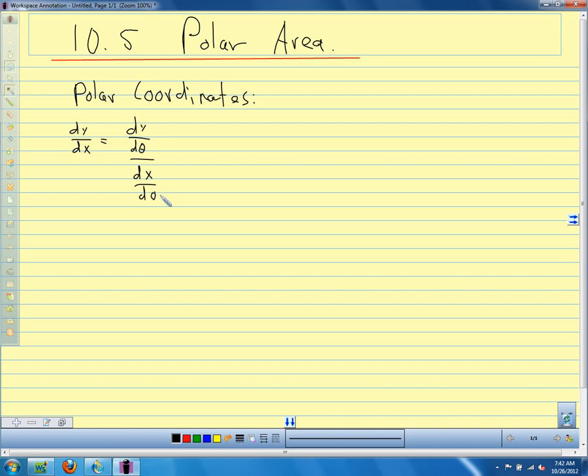And we wrote this out explicitly using polar coordinates to come up with a complicated looking expression for the slope that involves f of θ and sines and cosines. Just another quick reminder that the slope does not equal dr/dθ.